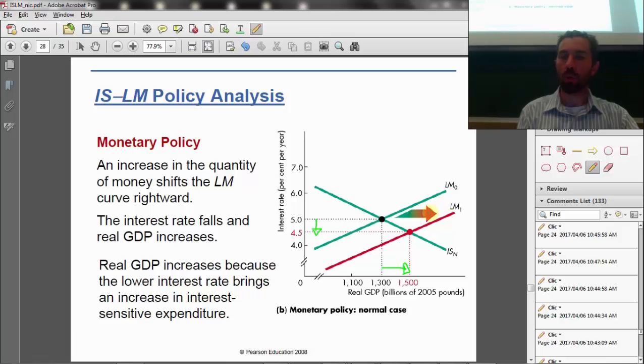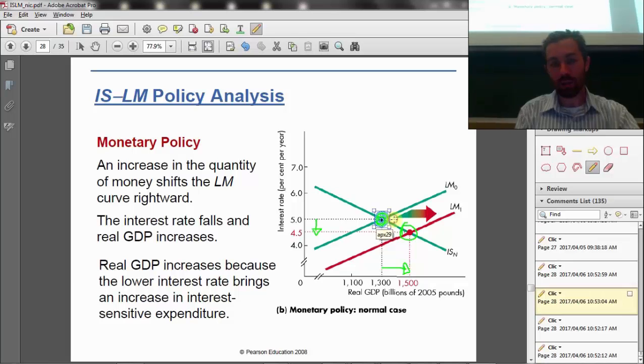In other words, when we shift the LM curve, here's our new point of equilibrium. Relative to our old point of equilibrium, where we were on an IS curve, we need to move along our IS curve to get to our new point of equilibrium. How do we move along that IS curve? By changing the interest rate. The decrease in the interest rate causes a movement along the IS curve. Investment spending increases, or any other interest-sensitive spending increases.